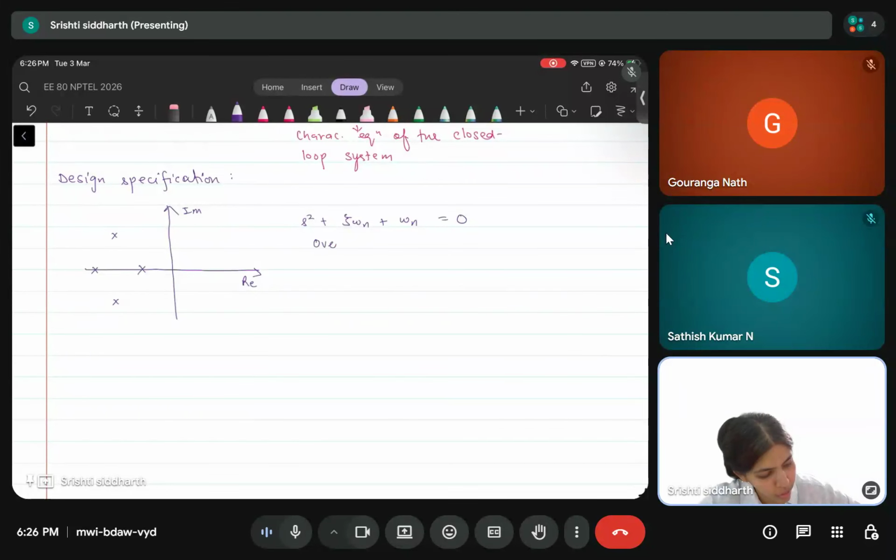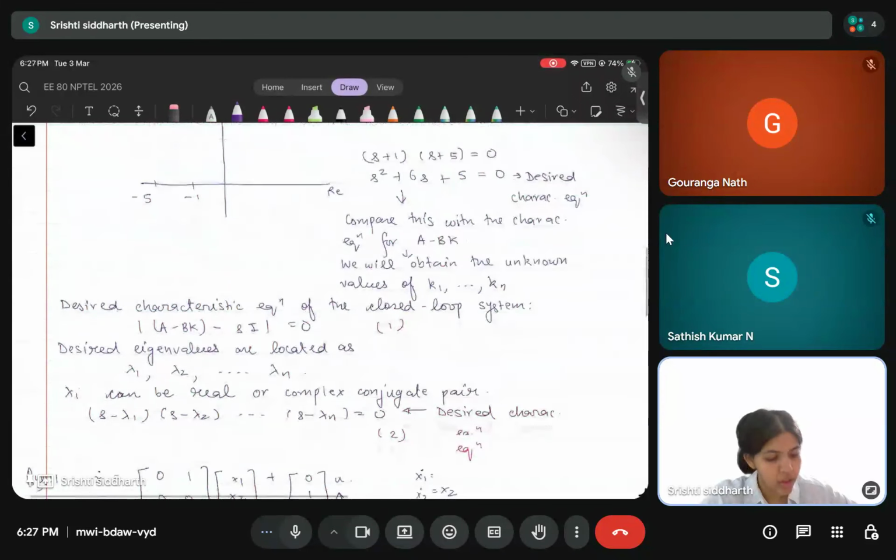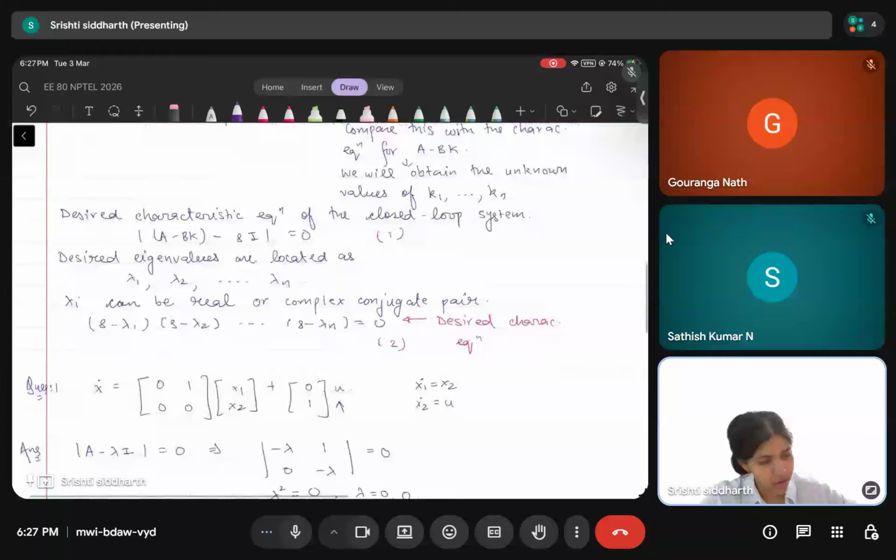So depending on overshoot, settling time, and any other parameters, this would give us what zeta and omega n should be. And we can substitute these to get the desired characteristic equation. Another way is that which we saw earlier, we have exact position of eigenvalues in equation 2 and we can just form the desired characteristic equation.